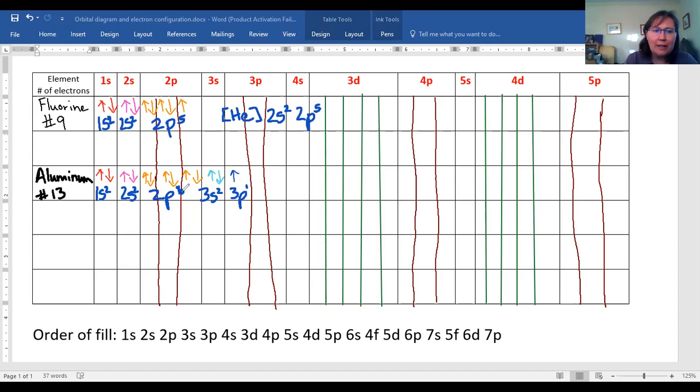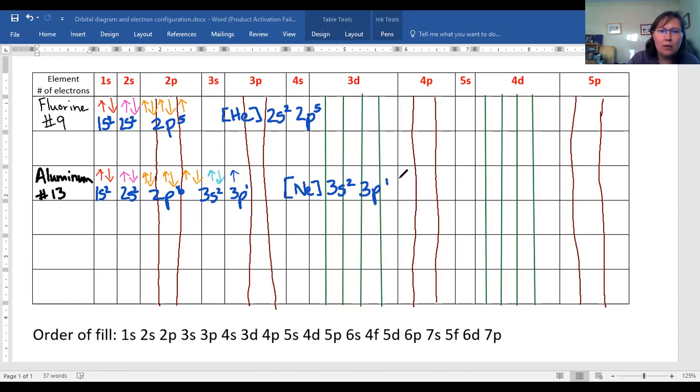So except for helium, we're always going to end noble gas configuration or begin noble gas configurations at the last full p orbital. So 2p6 is neon, which means that the core electrons for aluminum look like neon. And then after it, we have 3s2, 3p1.